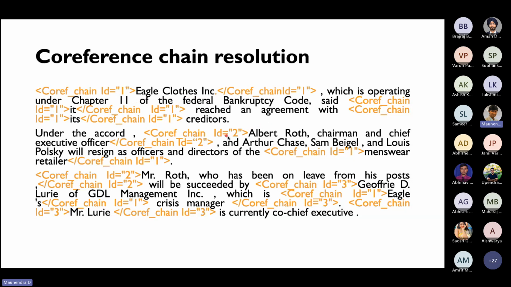On the other hand, there is a second chain here where the ID is equal to 2. So Albert Roth, chairman and chief executive officer, is an entity from co-reference chain 2. And here also we see a reference to the same person, Mr. Roth, who has been on leave from his posts. So this entire thing is marked as another expression in that same co-reference chain. There could be a third co-reference chain as well.